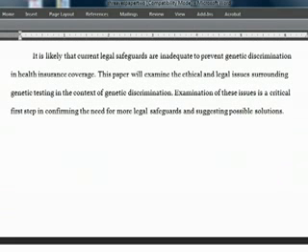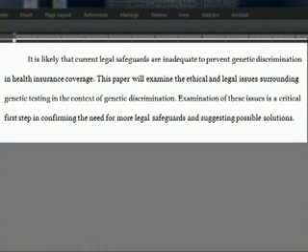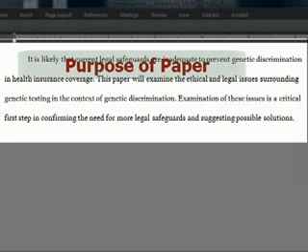Let's skip down to the third paragraph, because here we are supposed to see a statement of the purpose of the paper. Let's take a look. "It is likely that current legal safeguards are inadequate to prevent genetic discrimination in health insurance coverage. This paper will examine the ethical and legal issues surrounding genetic testing in the context of genetic discrimination."